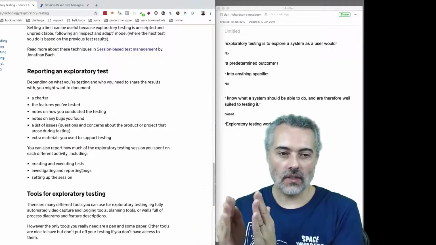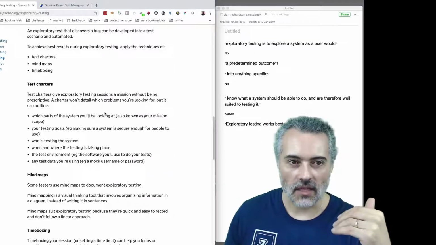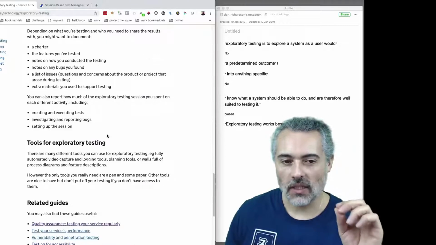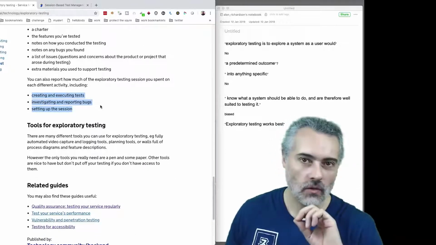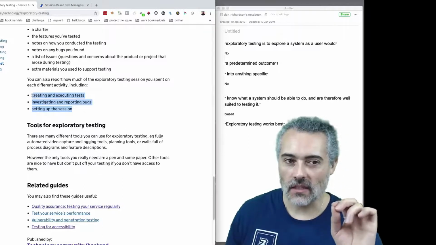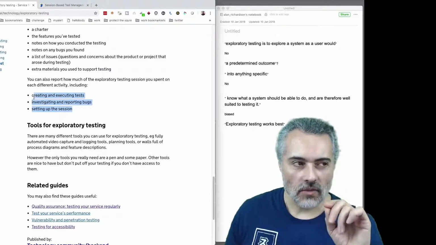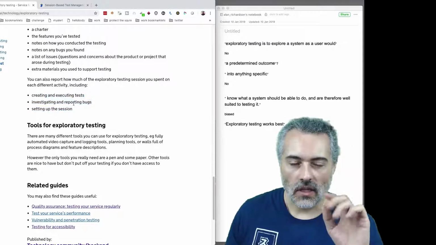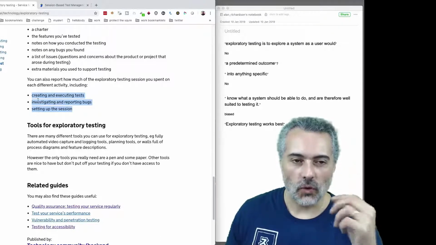So if you have done a lot of documentation as you go through, whether it's time-stamped or mind maps, you're probably in a better position to estimate this than if you didn't make any notes. If you didn't make any notes, you will find it very hard to estimate this and come up with the figures. But certainly James, Michael, and John all emphasize this as one of the useful ways of reporting.